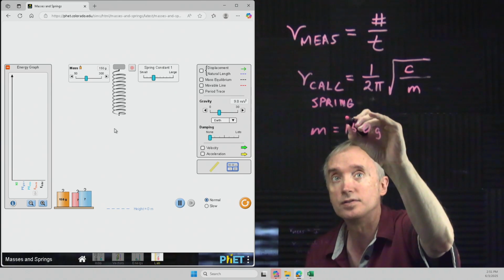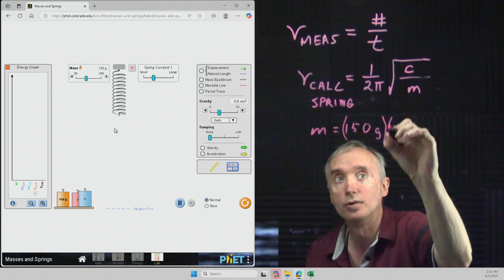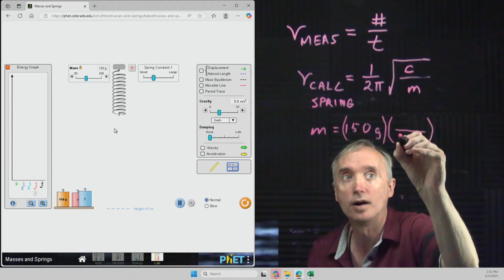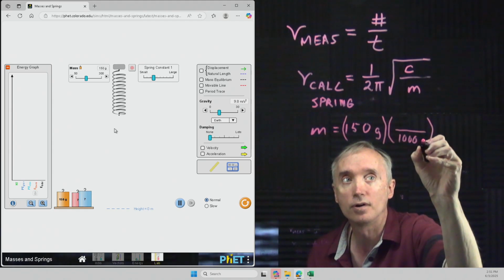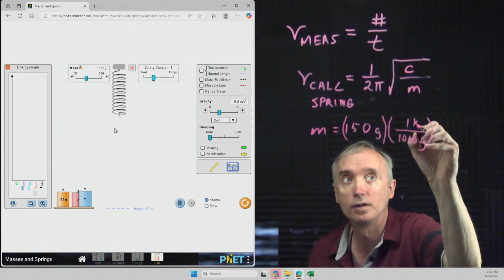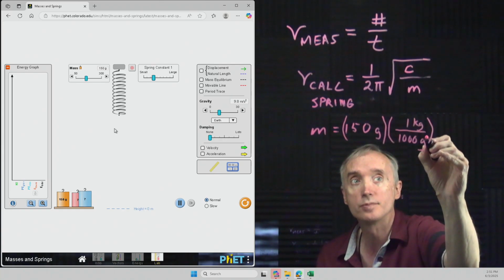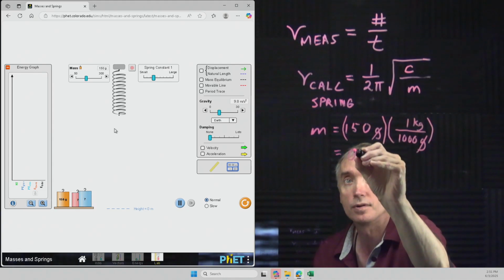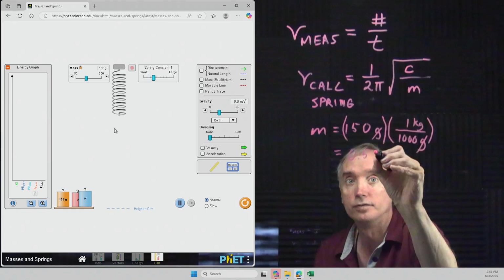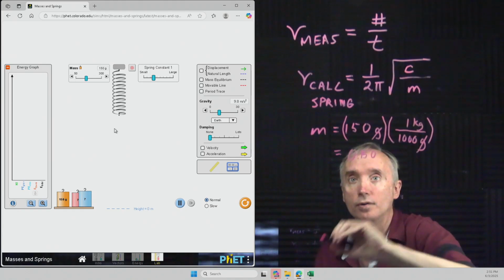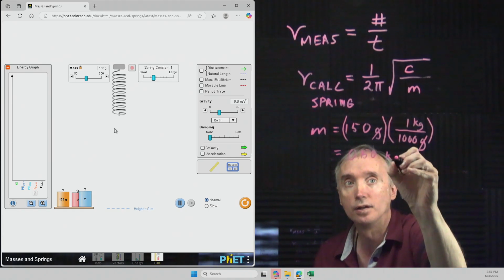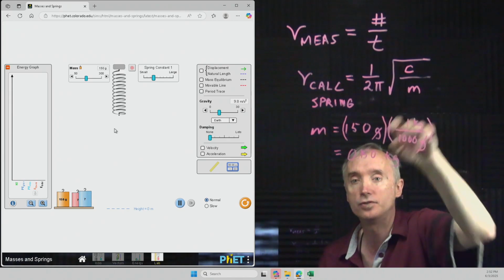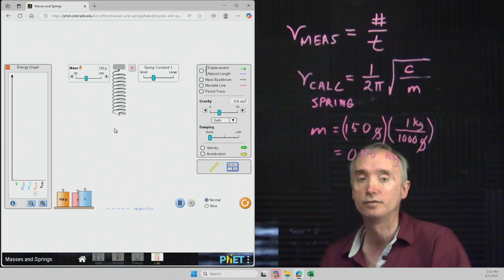We can write this using a conversion factor, and you see the grams cancels out, and we're going to divide by 1,000. So this is going to be 0.15, and that is now in kilograms. For this particular formula up here, you have to use kilograms for your mass.